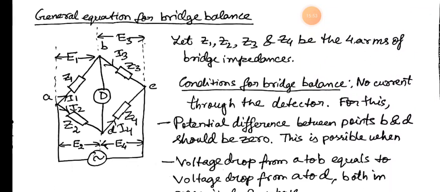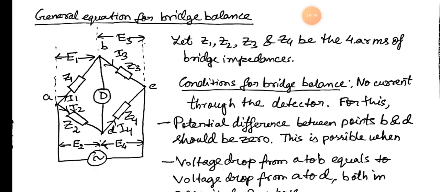Now when we enter the bridges like Maxwell's bridge, Hayes bridge, Anderson's bridge, we will put directly the values of Z1, Z2, Z3, Z4 as the elements, passive elements like capacitance, inductance. So directly putting those in this bridge, you will see that the bridge balancing condition Z1 Z4 equals Z2 Z3 becomes complicated.